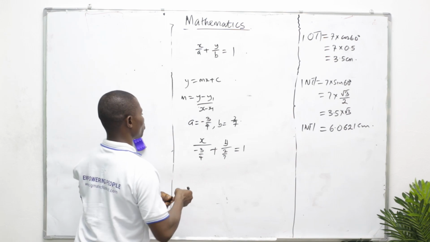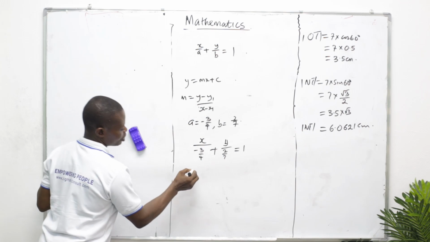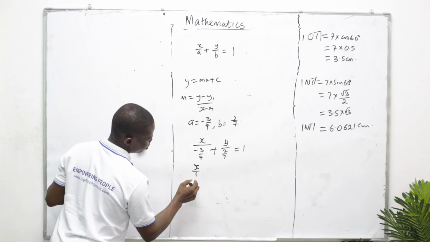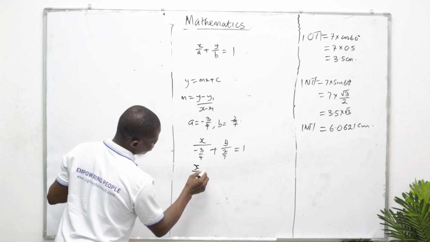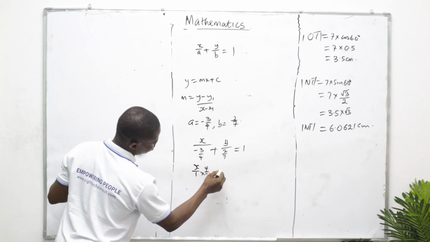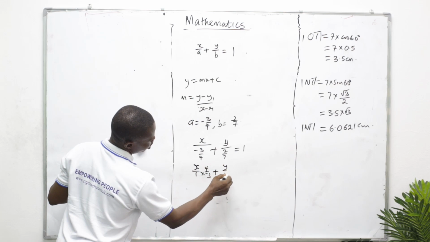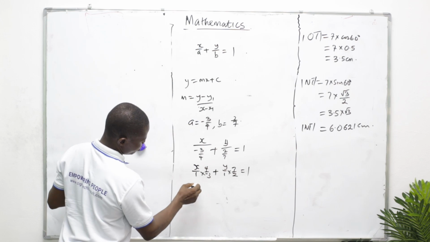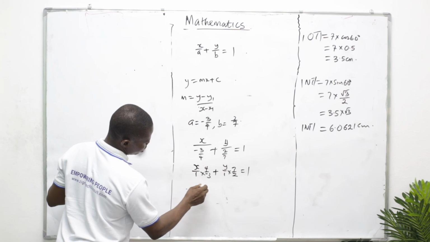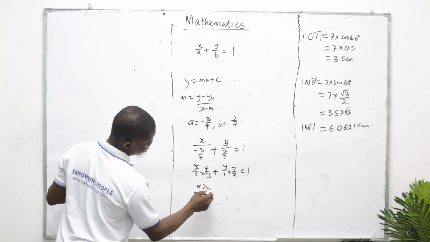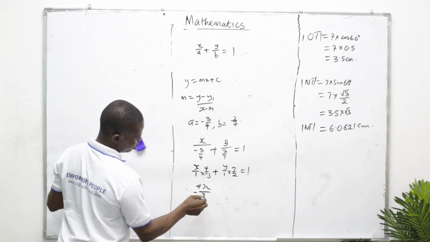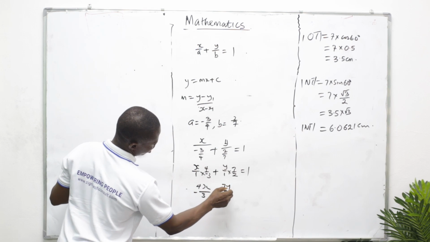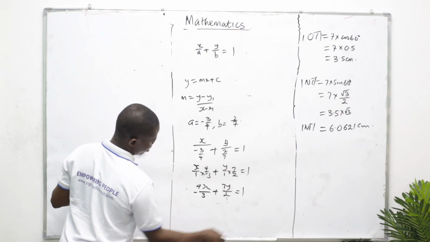Let's interpret well. This is a fraction. Let's say x over 1 times 4 all over minus 3. Good. Plus y over 1 times 7 all over 2 equals 1. This will be better. So 4x over minus 3, plus 7y all over 2 equals 1.